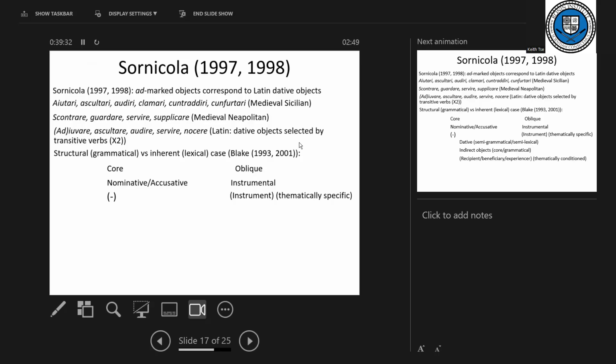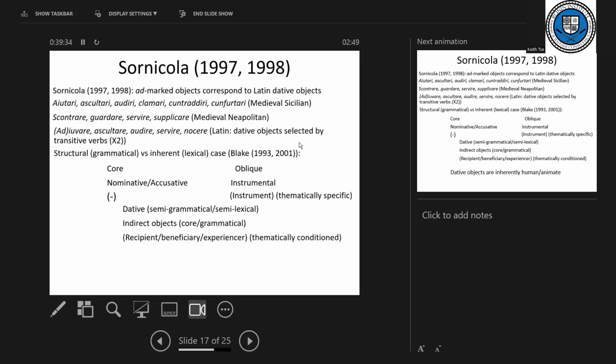of theta roles. The dative is probably somewhere in between. It's semi-grammatical or semi-lexical. It's grammatical, and it's the default case for indirect objects. However, the dative case in Latin, and perhaps universally, tends to mark recipient, beneficiary, and experiencer.